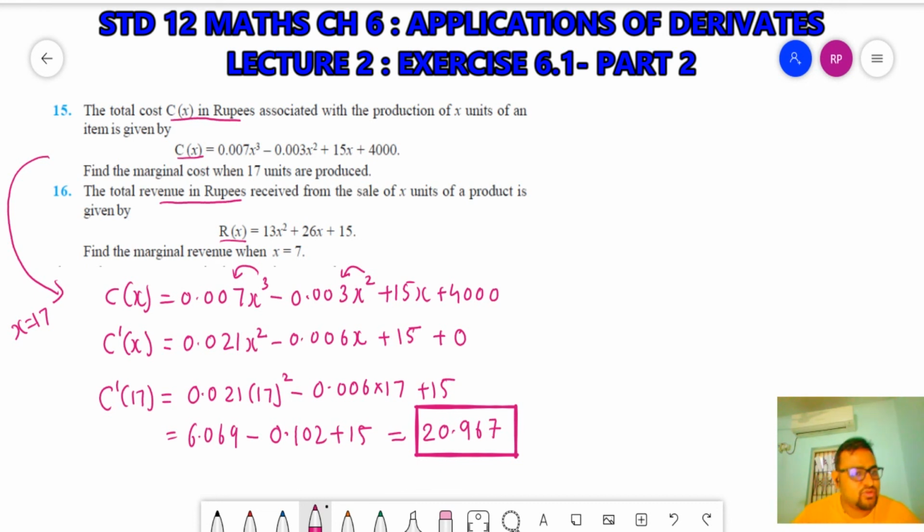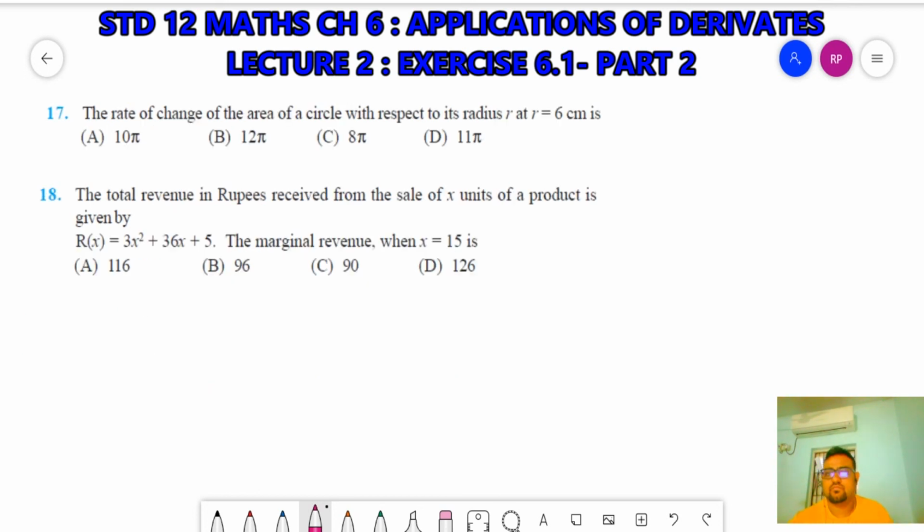Now let's move to the next, 17th and 18th, both are MCQ. Question number 17: the rate of change of area of a circle with respect to its radius r at r equal to 6. The value of r is given. Now area of a circle is pi r square. So dA by dr, because it is with respect to its radius, will be equal to pi into 2r.